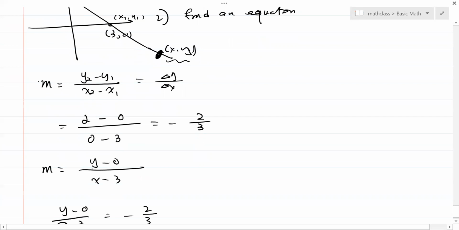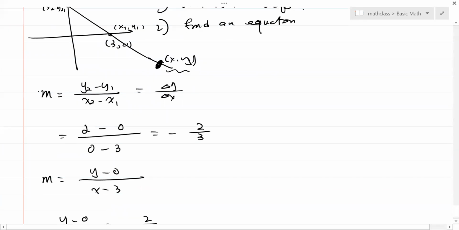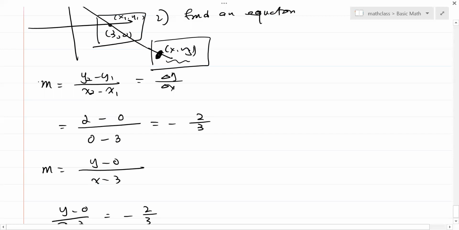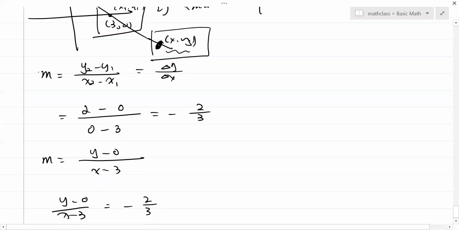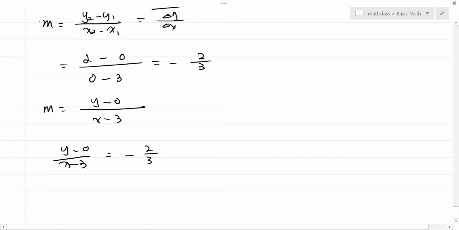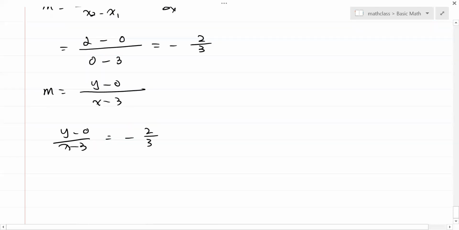Why do you say y minus 0 and x minus 3? Because you consider those 2 points and calculate the corresponding change in the y variable and x variable, the difference. Those 2 should give the same slope. Then you get this identity, and that is called the equation.